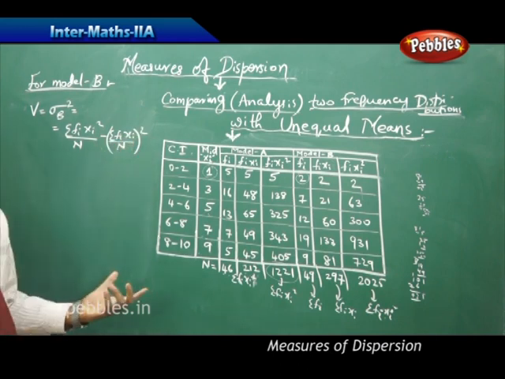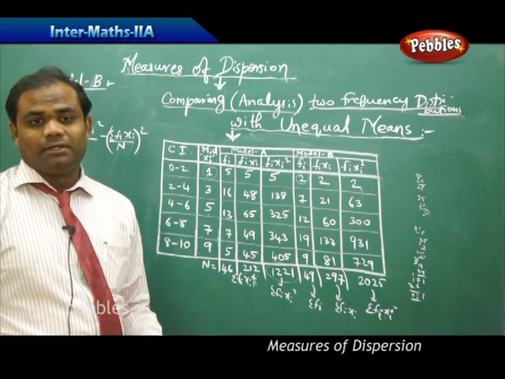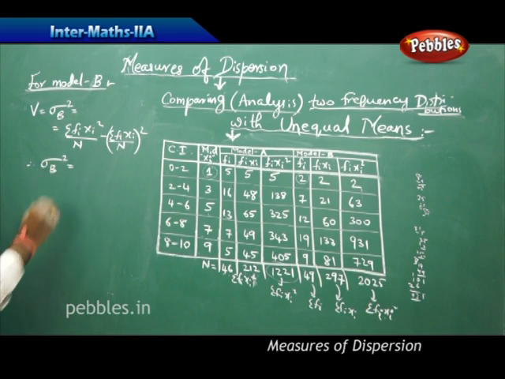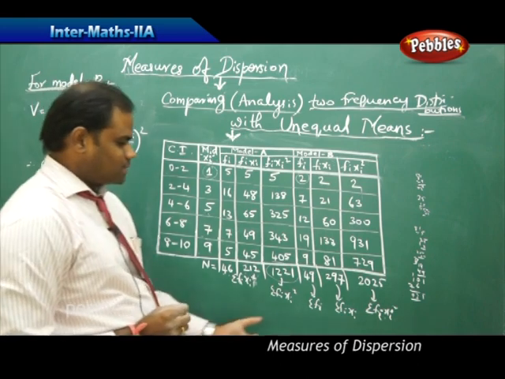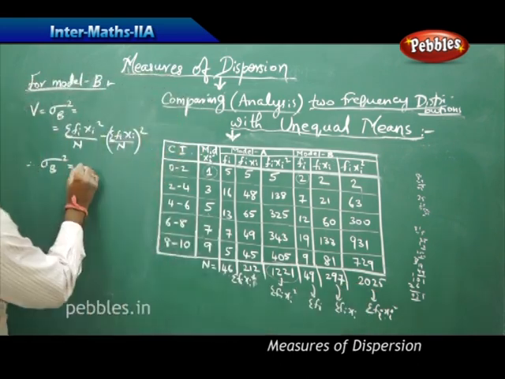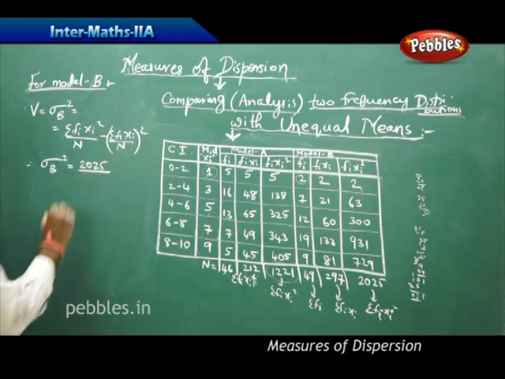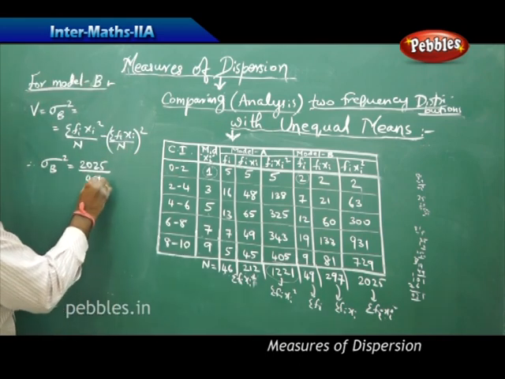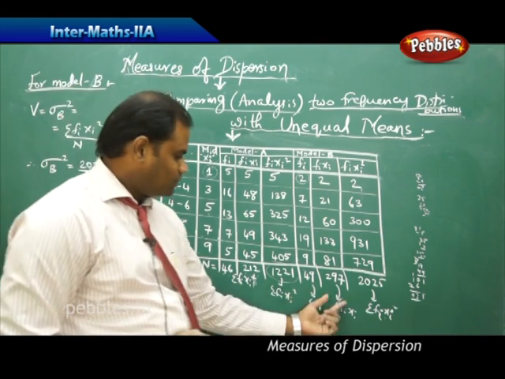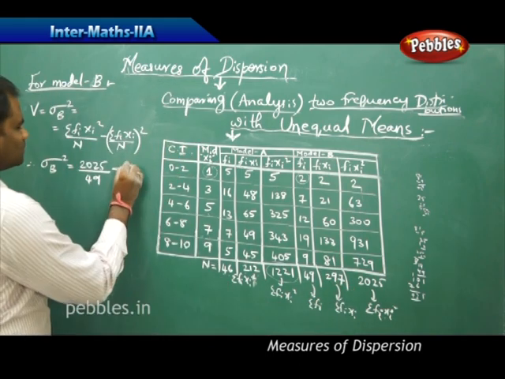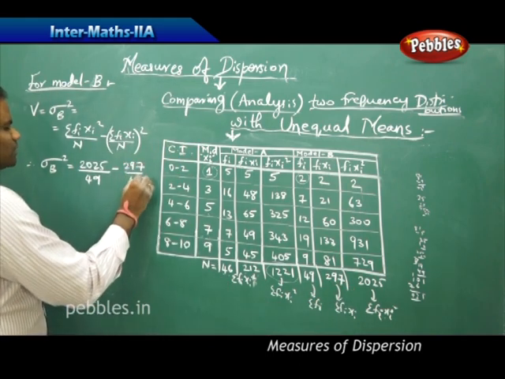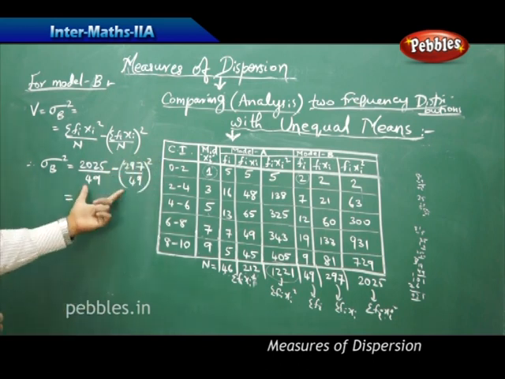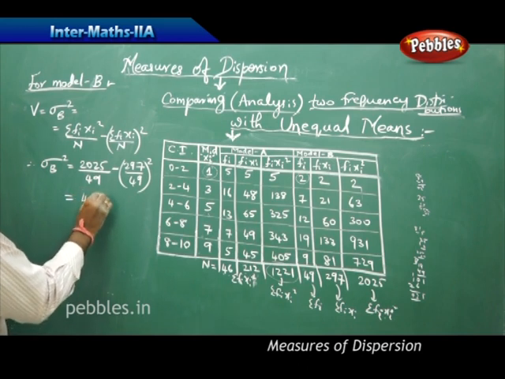Therefore, sigma B square is sigma fi xi square, which is 2025, by n for model B, which is 49, minus sigma fi xi, which is 297, again by 49 whole square. On simplification through a calculator this gives me the value 4.61.